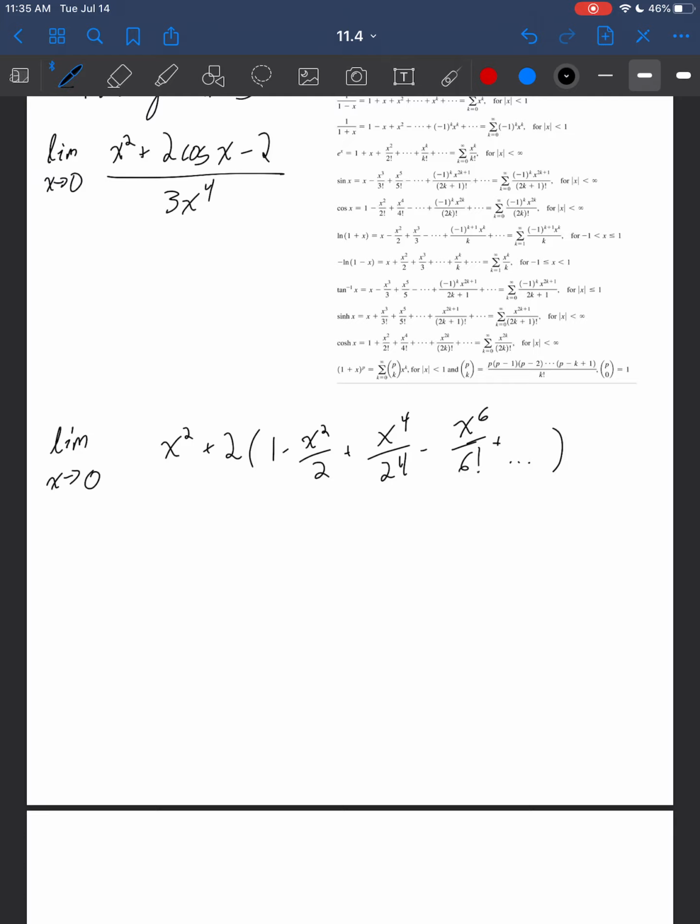So we have an infinite number of terms right there. Minus 2 over 3x to the 4th. Okay.